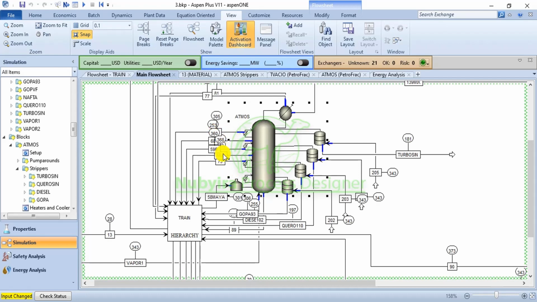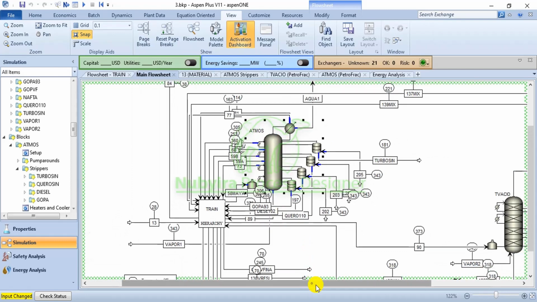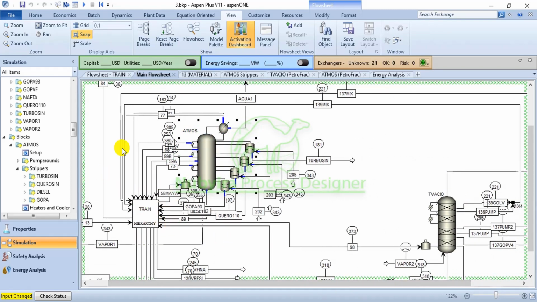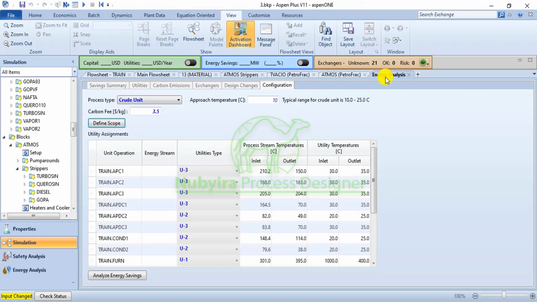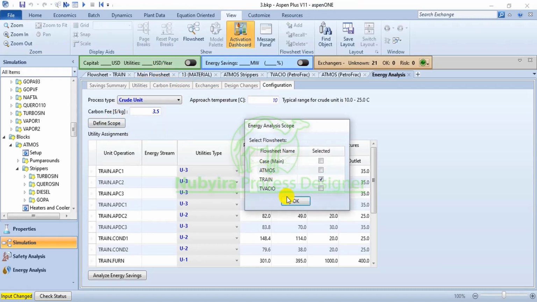So all those will not be changing, but the heat exchanger network can be rearranged in order to make sure that there is less utility used in the network. That's the purpose of this work. And that's why I define it to be just the train.